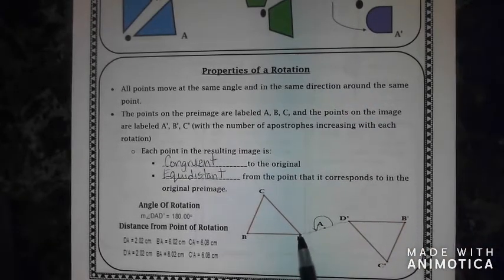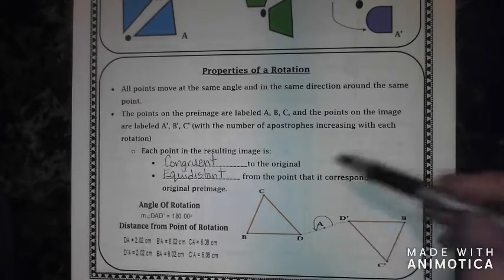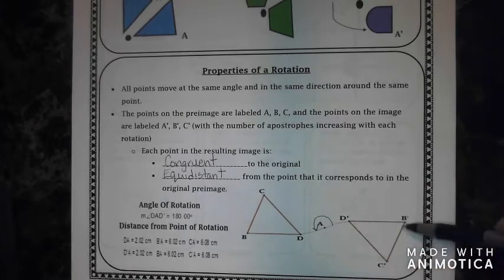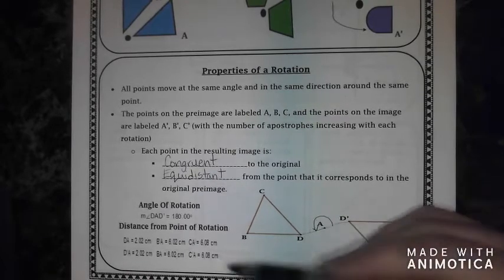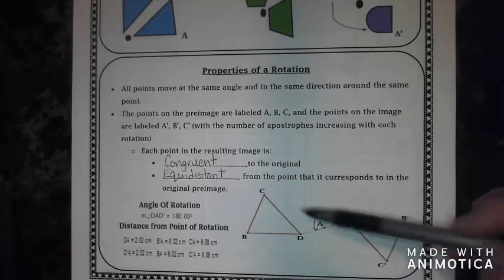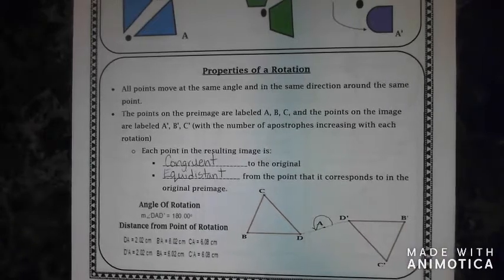So the distance between DA and D prime is 2.02 centimeters, which is the same. Same with B to A, and B prime to A would be 6.02 centimeters. And then C to A and C prime to A is 6.08 centimeters.